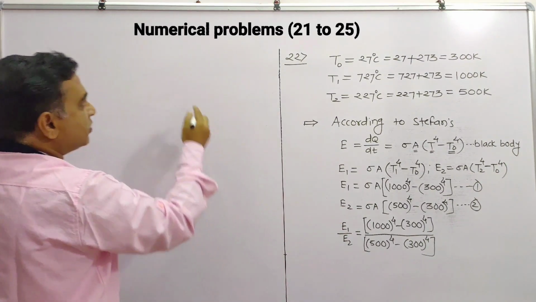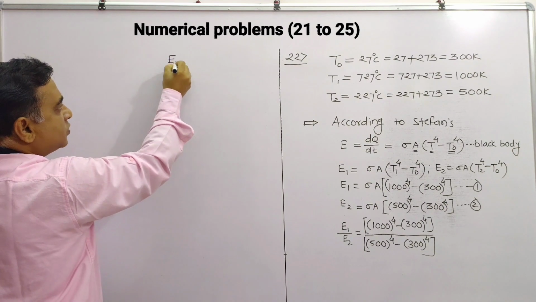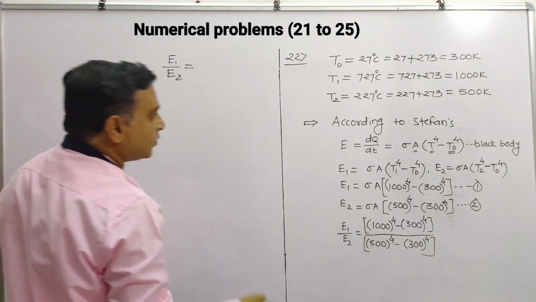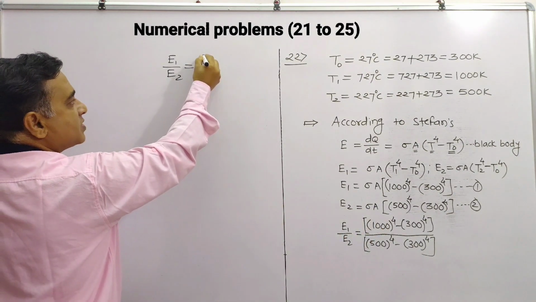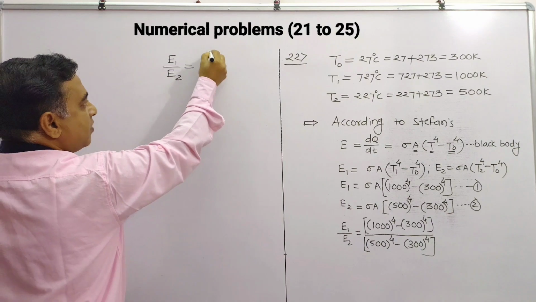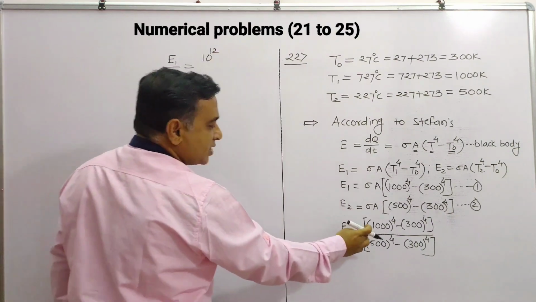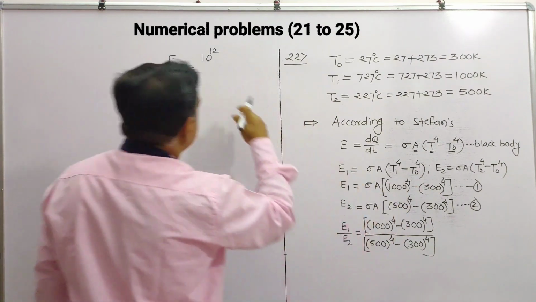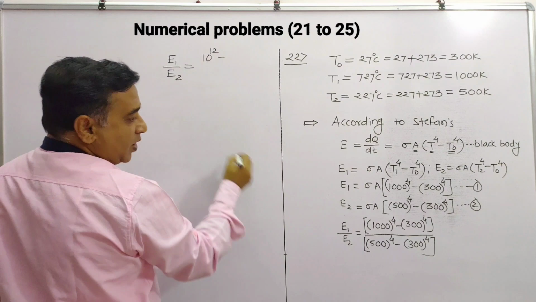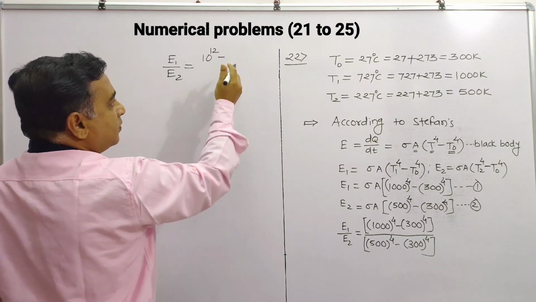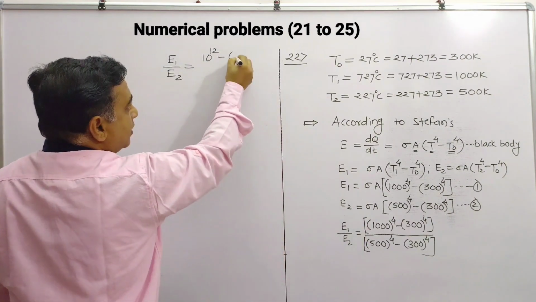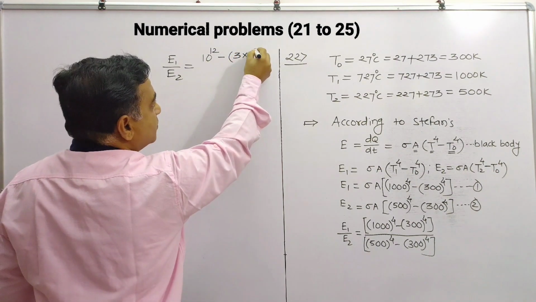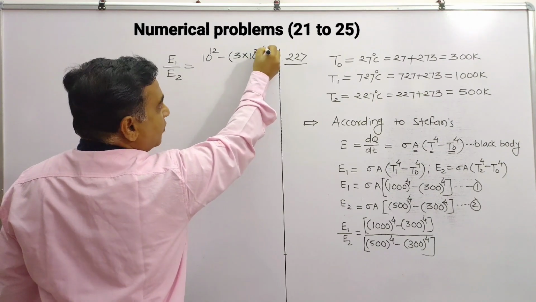E1 upon E2 is equal to, 1000 I can write as 10 raised to power 3, raised to power 4, and 4 threes are 12, so it is 10 raised to power 12, minus 300, which is 3 into 10 raised to power 2, raised to power 4.